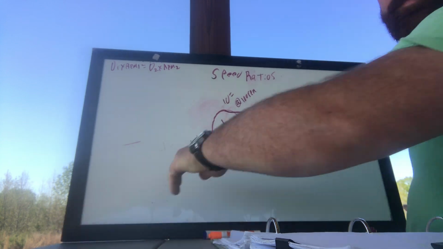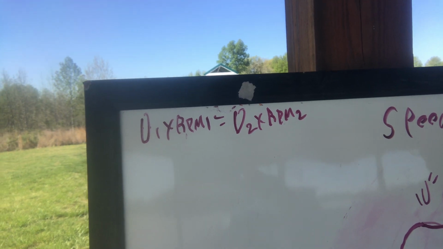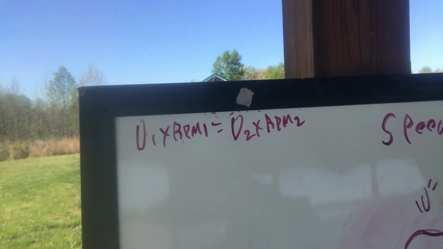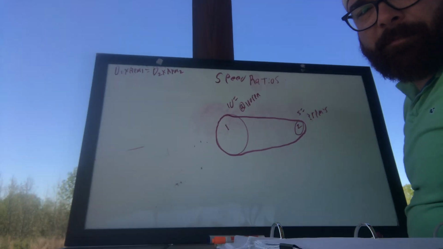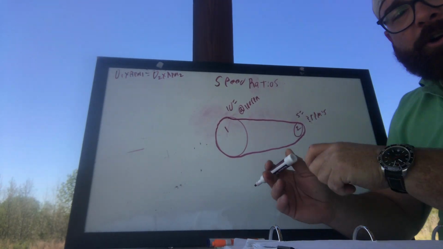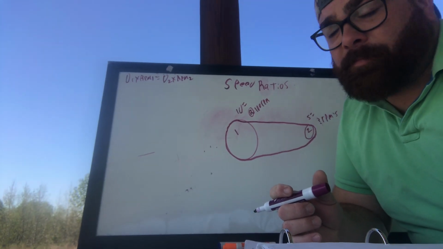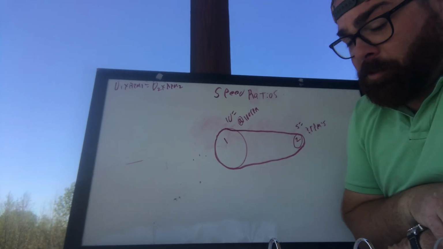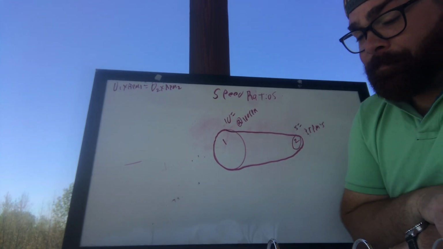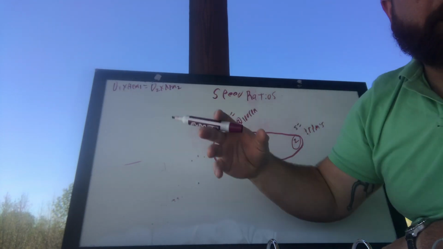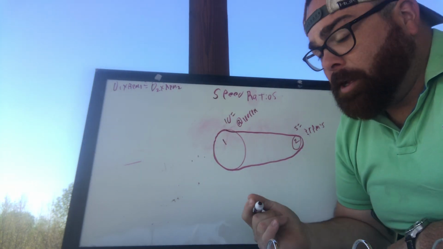So what that says, D1 times RPM1 equals D2 times RPM2. D is pretty simple shorthand, nothing too complicated. D equals diameter. RPM equals revolutions per minute. So once again, we have a diameter, that's a measurement. We have RPM, which in this case we're going to think of as our force.